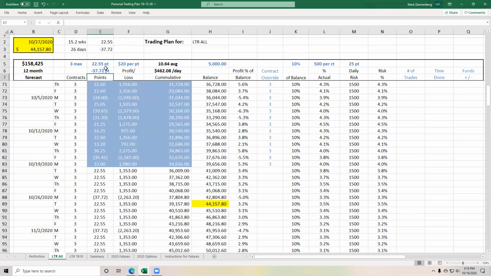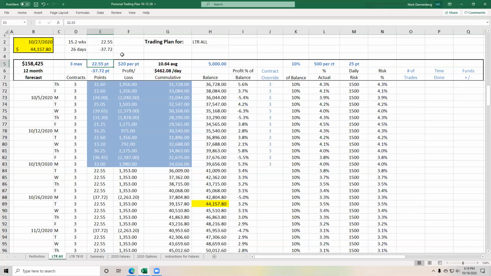And those values assume a frequency of losses at the rate of 26 days for every 15.2 weeks. So those numbers right there are very valuable, but the most important thing for you to do after you've traded and after you've entered your data into the personal trading plan, the next most important thing for you to do is to make sure that your forecast is based on your actual run rate.